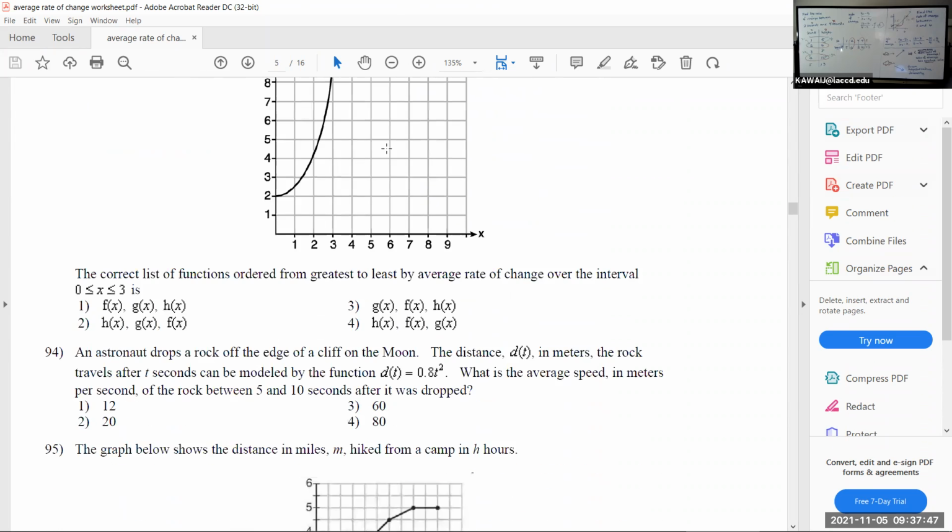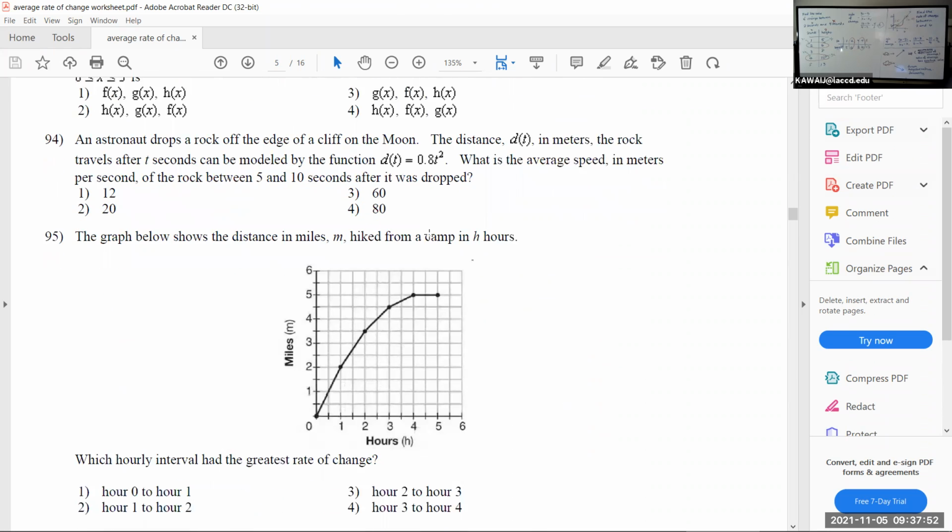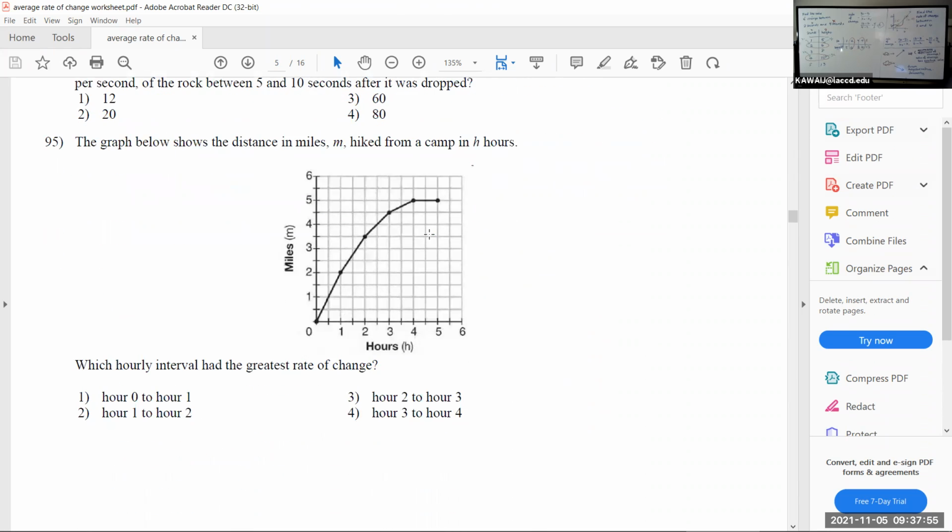Okay, so let's get to an actual problem. Let's look at this one over here. What this one wants to know is which interval has the greatest rate of change. Now, we talked about before that if I was going this way versus going this way, this has a positive rate of change.